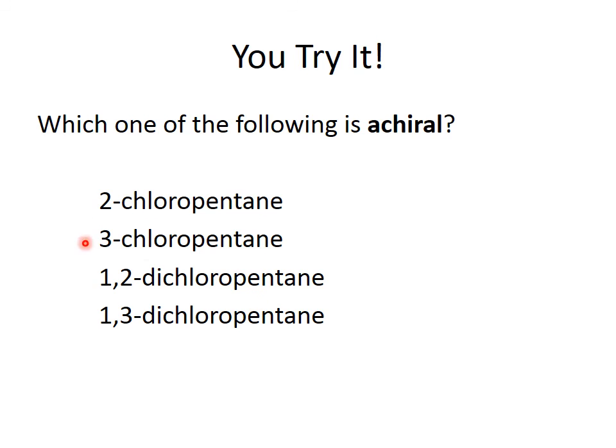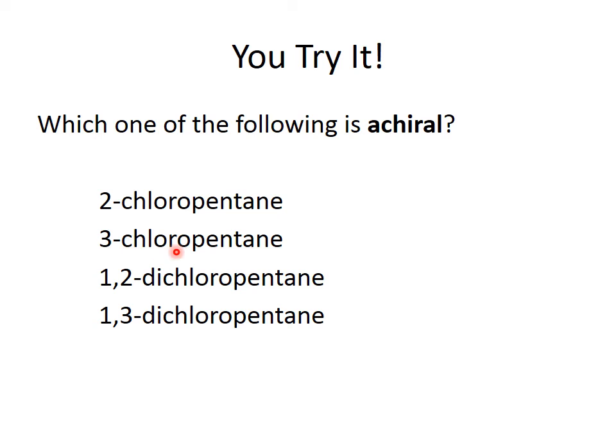Which one of the following is achiral? Now, in order to draw these molecules, we haven't really learned how to do nomenclature of these molecules. To do nomenclature of these molecules, you realize that on the number 2 carbon of pentane, you have a chloro group.